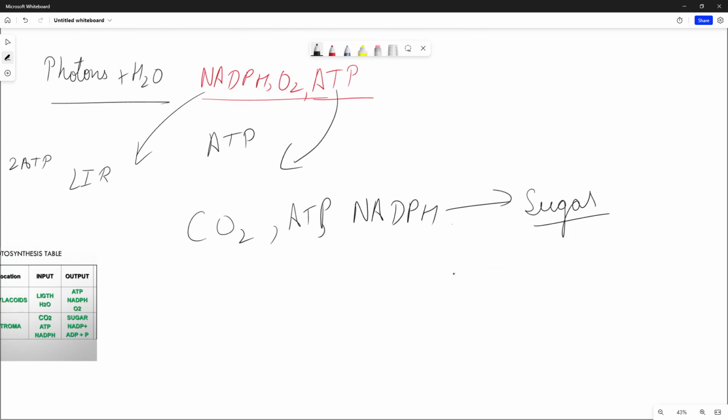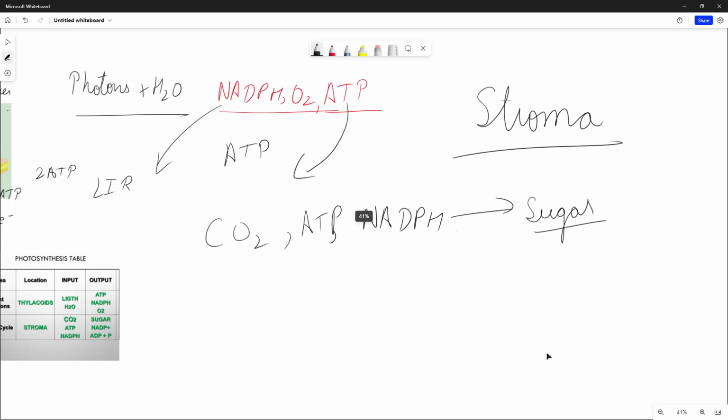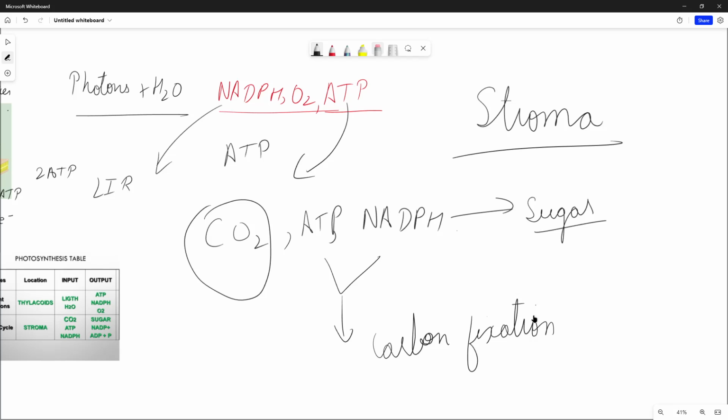And this whole light independent process occurs in the stroma, which is like the empty space we talked about earlier. And just to clarify, ATP and NADPH are needed for carbon fixation. We need this for carbon fixation, and this is the carbon we're fixating.